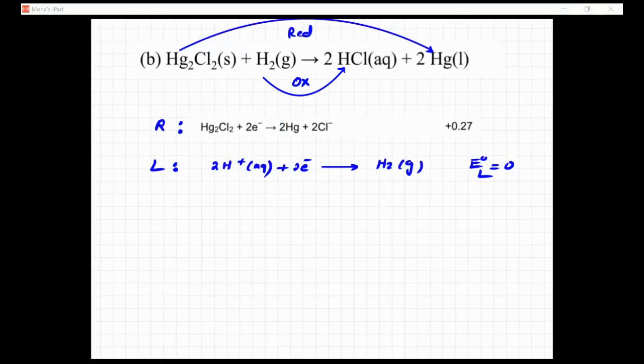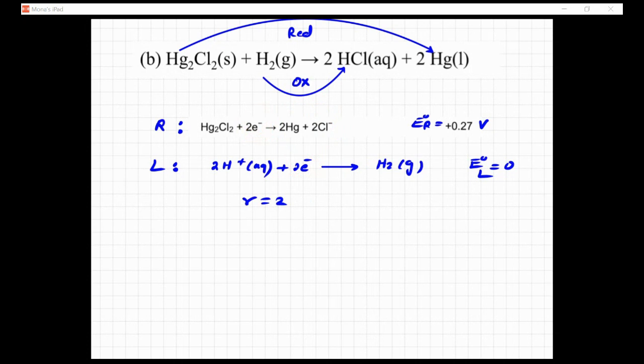Now E right is equal to this value. Okay, so this is what we have. Now if we look at the electrons, you can see that they are matching. See here, this is two electrons, two electrons. It means nu again here is equal to 2. So nu is equal to 2. Okay, so we have the right, we have the left, and nu is equal to 2.